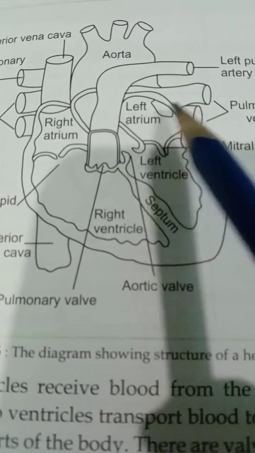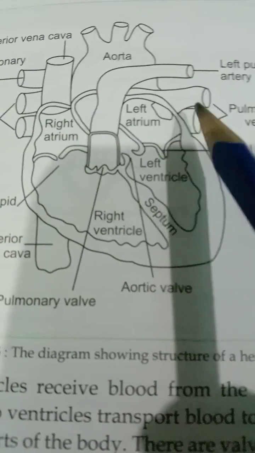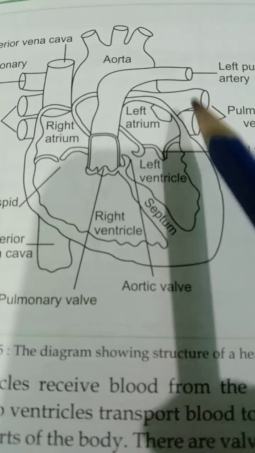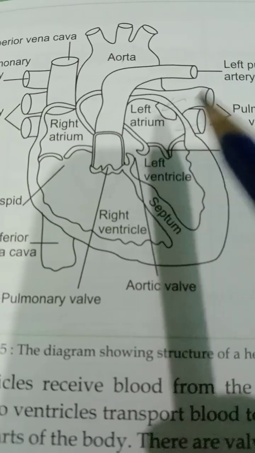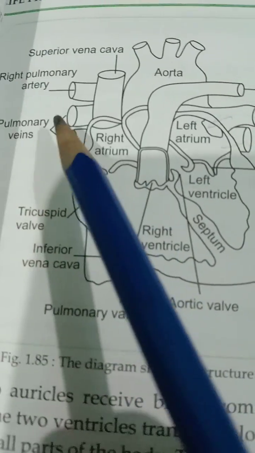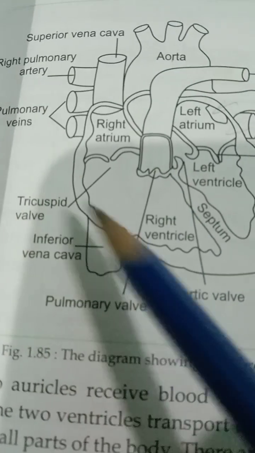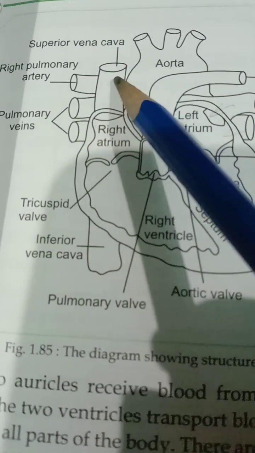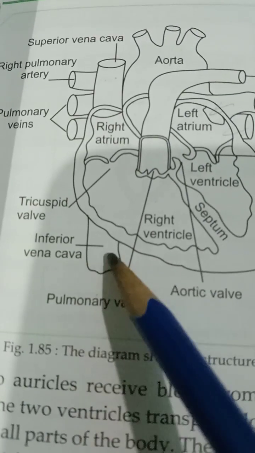Now you can see towards the left atrium, pulmonary veins are coming inside. And towards the right atrium you can see the vena cavas, these two: superior vena cava, inferior vena cava.